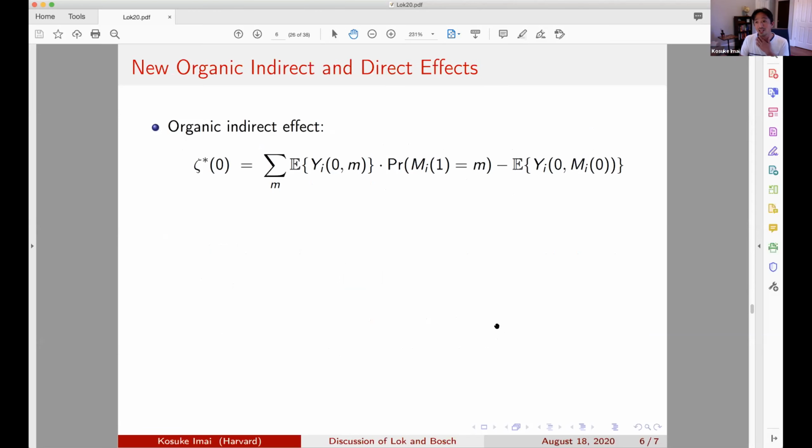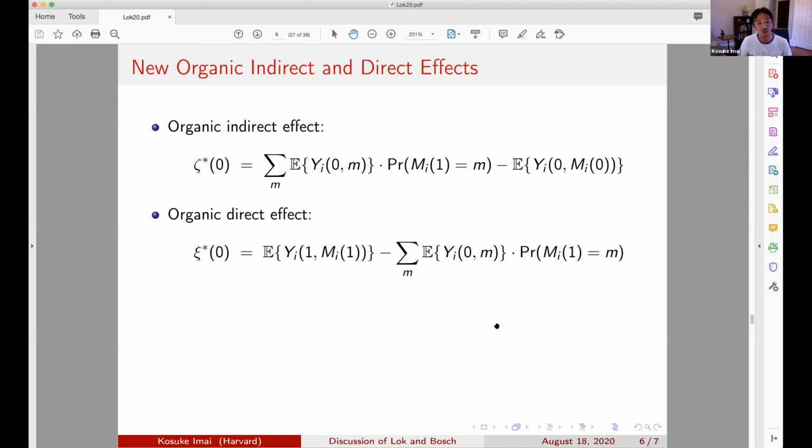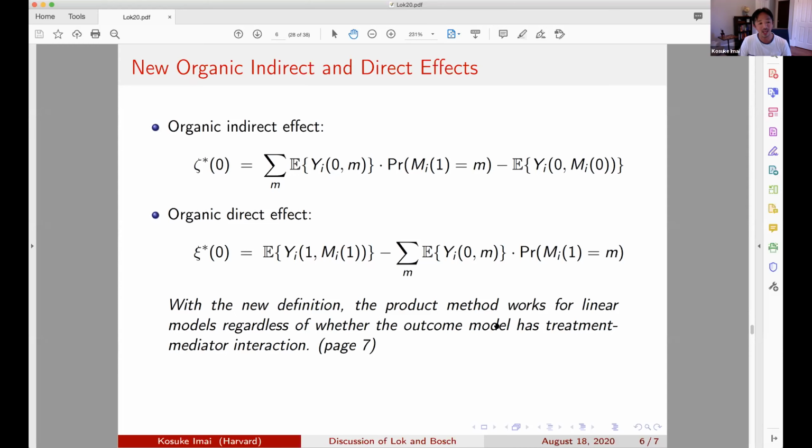Okay, and just given the time, I'm going to quickly go through this. The new direct effect and indirect effect, as Judith talked about today, is basically a flip side, so setting the treatment to 0 instead of 1. And with this new definition, the product method works for linear models, regardless of whether the outcome model has treatment-mediator interaction.